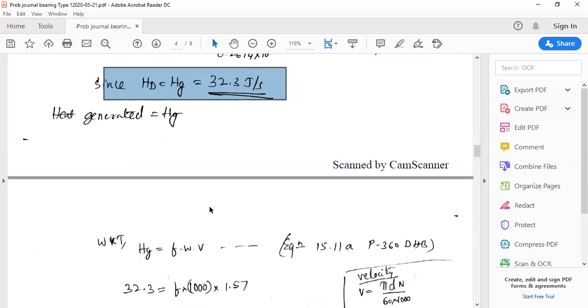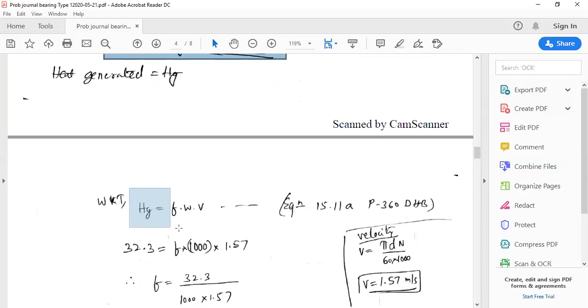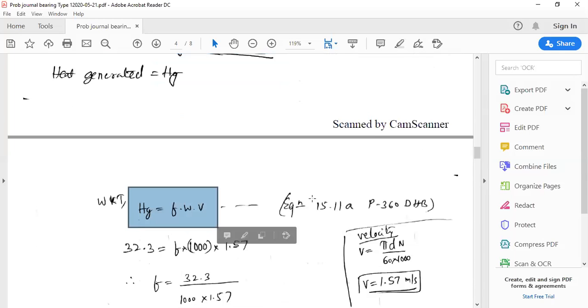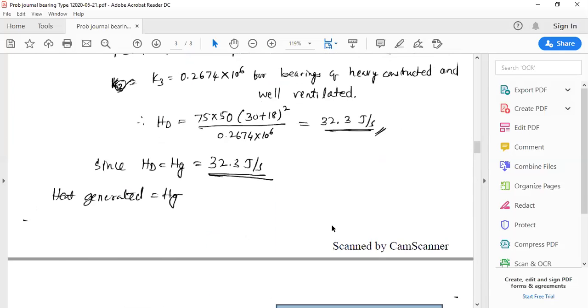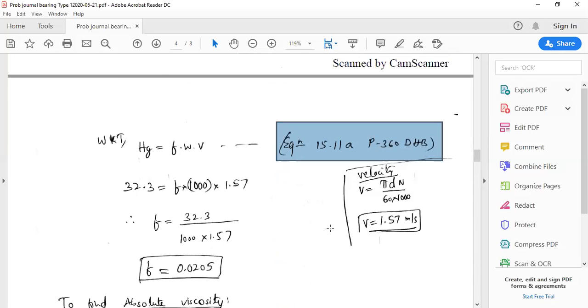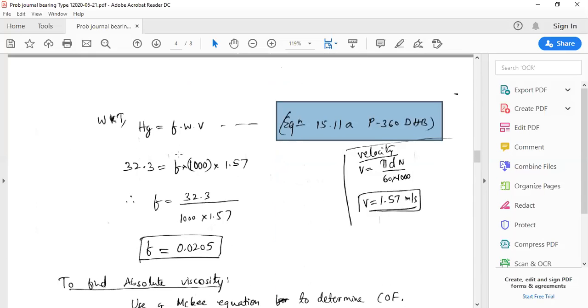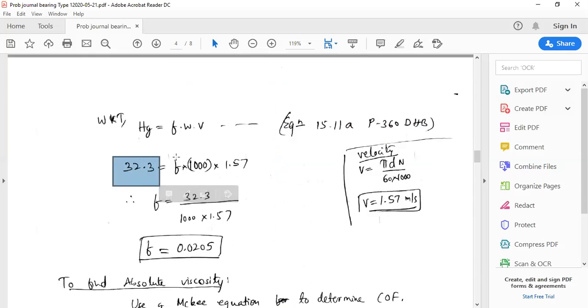Now the heat generated equation that we know is Fw into V, which is available in equation number 15.11a, page number 360 of the data handbook. With the help of this, Hg value is known, 32.3 joules per second.